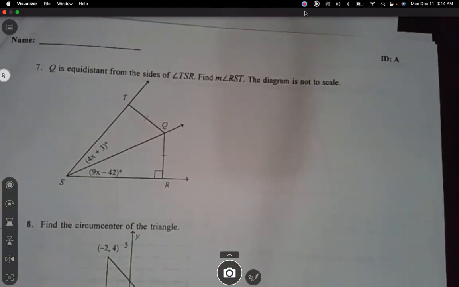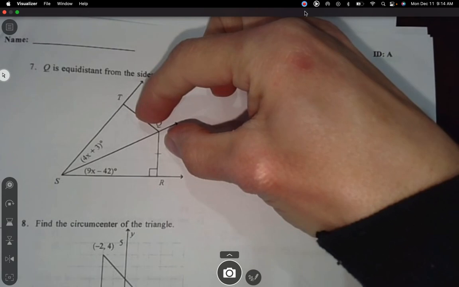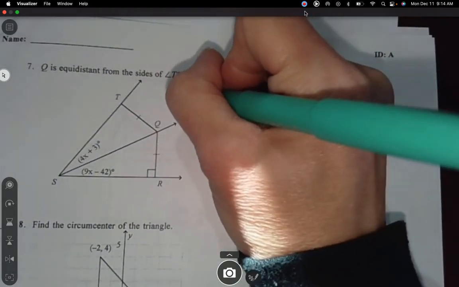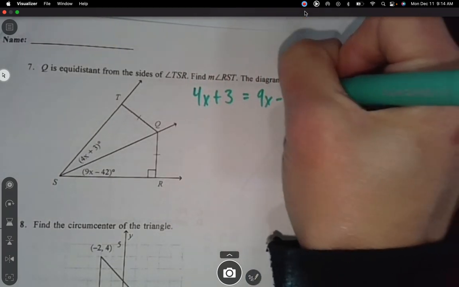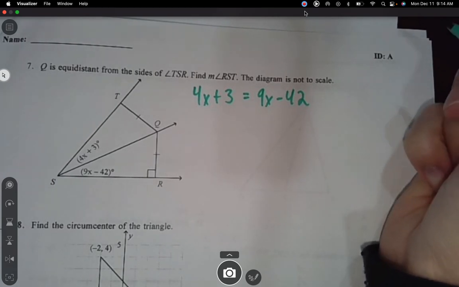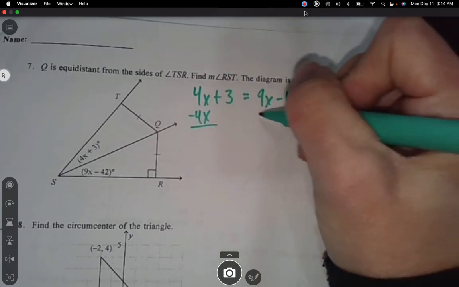All right, number 7. What would you know based on this information about those 2 angles? What are they going to be? If these 2 pieces are equal, what do you think these 2 angles are going to be? Equal. So I'm going to write 4x plus 3 equals 9x minus 42. And then how do I solve? You subtract 4x and you get 5x.